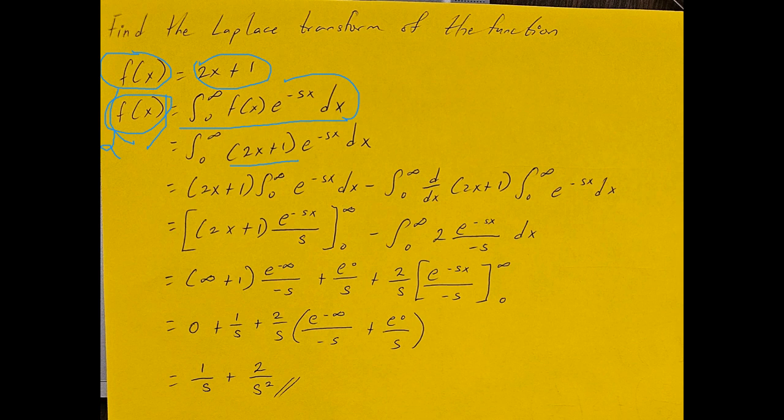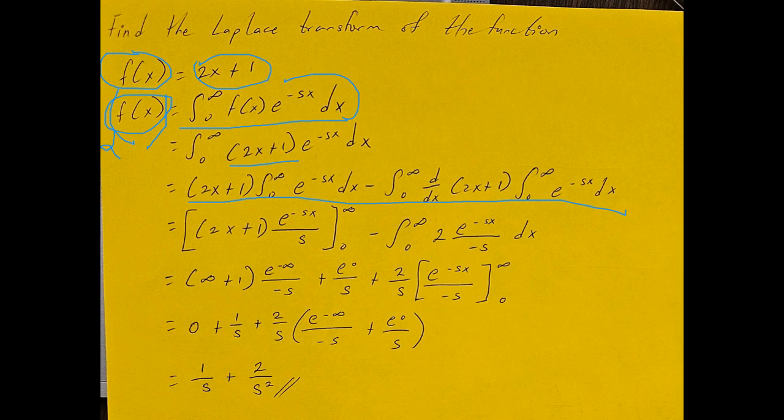Hold on a second. Can you explain this line for me? So that is just me solving the previous line. It's 2x plus 1 times e to the negative sx dx. So that opens up to 2x plus 1, the integral from 0 to infinity of e to the negative sx dx, minus that to give you 2x plus 1, and that's the other part right there.